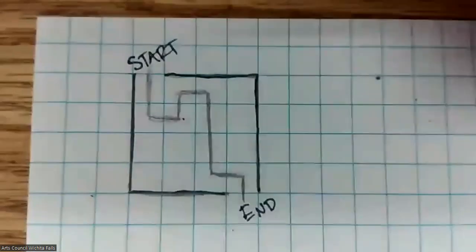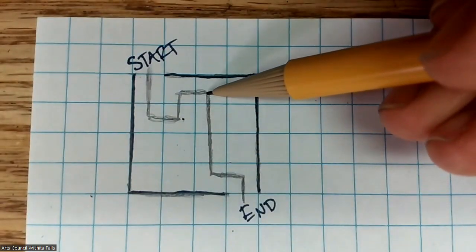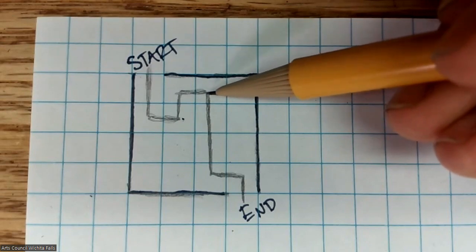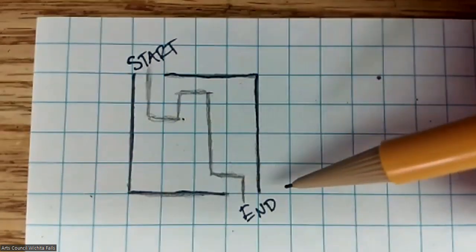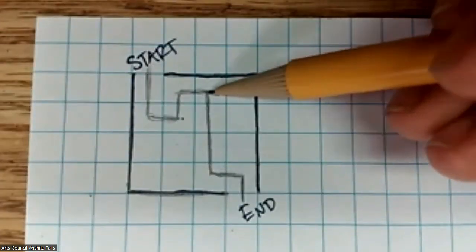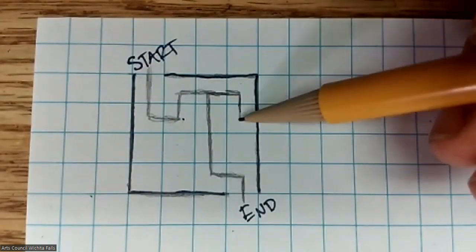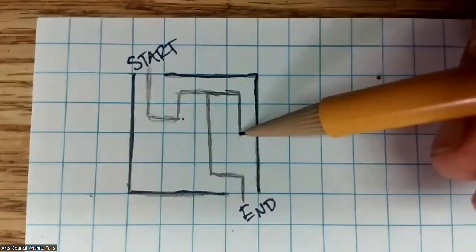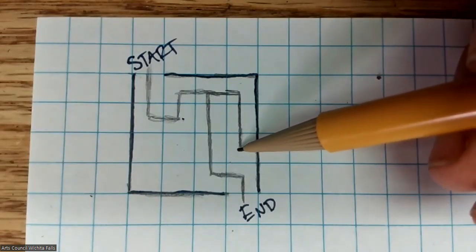Right now, all we have is our solution line, so we're going to start by branching off of this line. I can branch off from here, here, here, here. It doesn't matter where I branch off from, as long as I'm branching off somewhere from my solution line and I'm traveling into the empty boxes. Because this is not a solution line, this one's going to end in a dead end in the middle of a square.